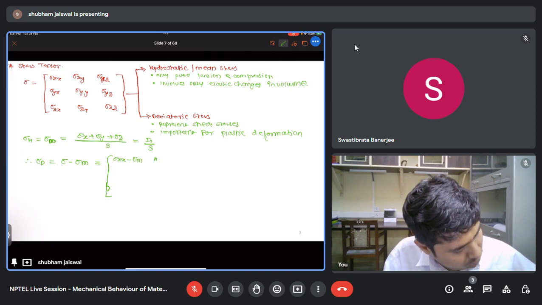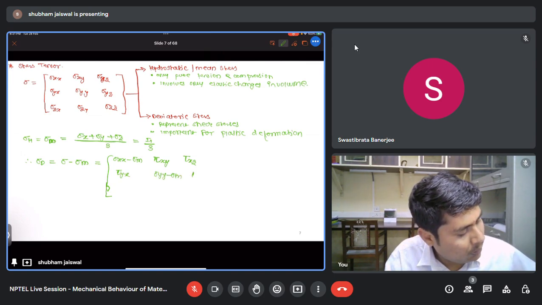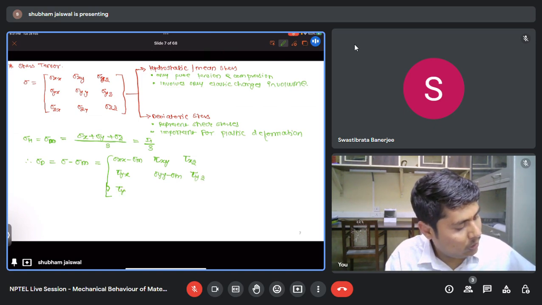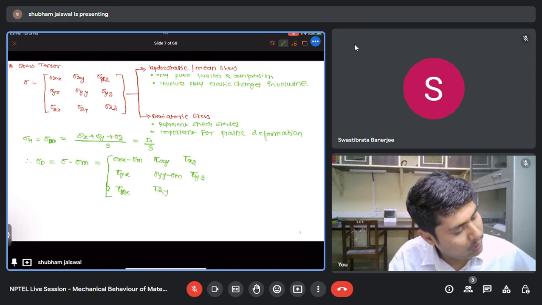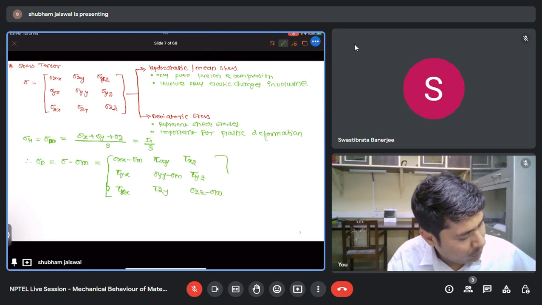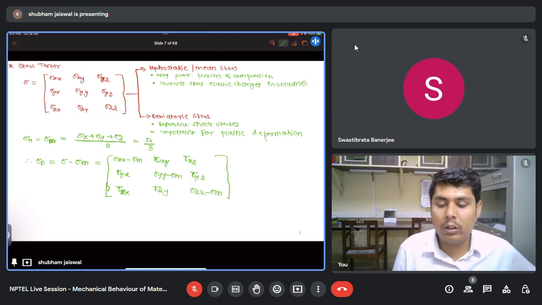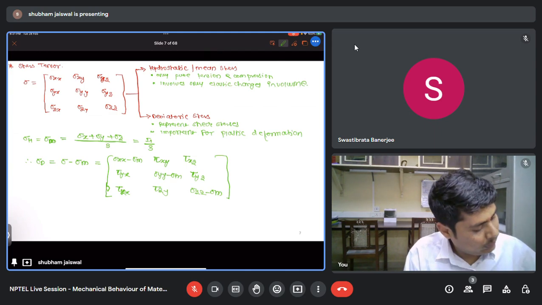So let's write tau xy, tau xz, tau yx, sigma yy minus sigma m, tau yz. Here tau zx, tau zy, and sigma zz minus mean stress. Okay, if I put a value of mean stress in this, so what will I get?